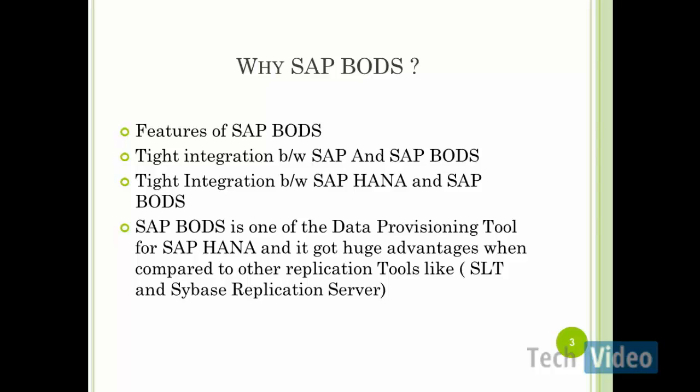You know that real-time data replication into SAP HANA is possible, and SAP HANA is an in-memory database. Because of all these features, SAP HANA as the back-end database for all your ERP systems is mandatory, for SAP ERP or non-SAP ERP also.